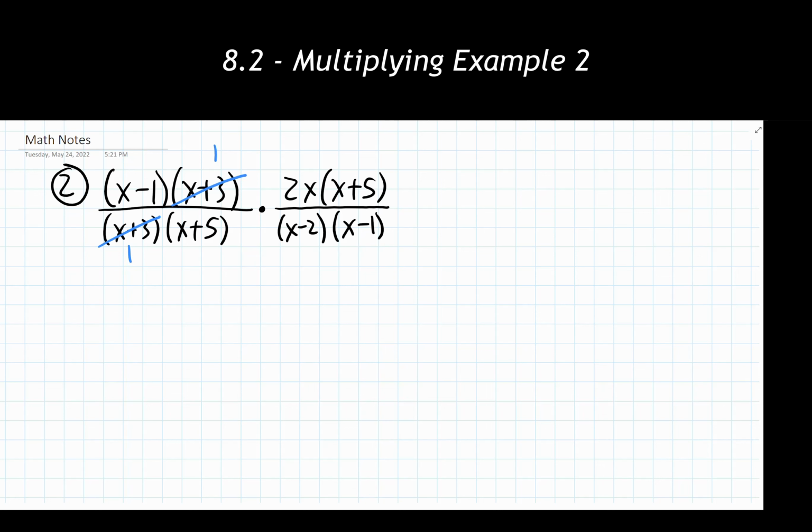So each of those cancels out, and those become 1. Well, is there anything else in there? Well, I'm also seeing that I have an x minus 1 and an x minus 1 that can each cancel out. So that's good. I'm also seeing that there's an x plus 5 and there's another x plus 5 showing up in there, so those can cancel out as well. So we had a whole bunch of things just cancel.